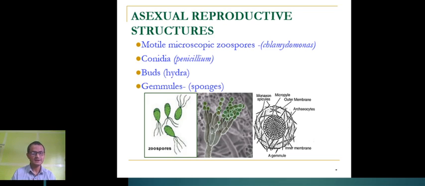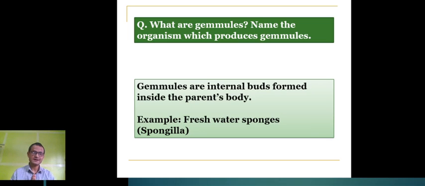In the case of Hydra you can find buds. And one of the important asexual reproductive structures is the gemmule. Where can you find gemmules? Gemmules you can find in sponges. Sometimes in CBSE and state board examinations, question setters can ask you what gemmules are and to name one organism which produces gemmules.